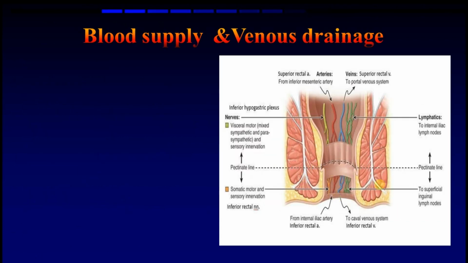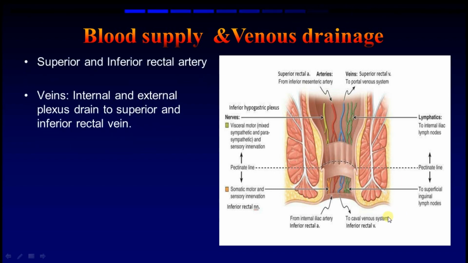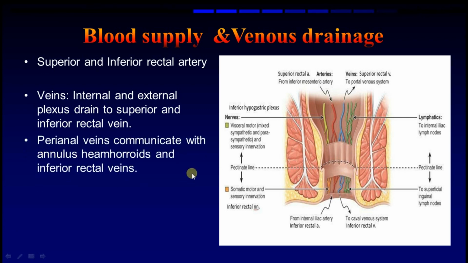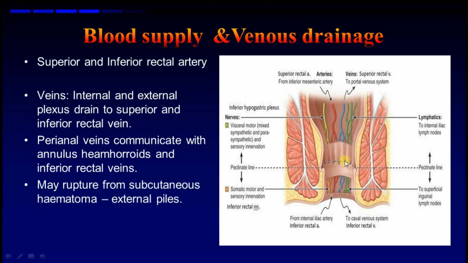Blood supply we have already discussed in the rectum. The upper part is supplied by the superior rectal artery, the lower part by the inferior rectal artery, and veins drain through two plexuses. The lower part, the external venous plexus, drains to the inferior rectal vein; the upper part goes to the superior, and the lower part into the inferior and middle rectal veins. The perianal veins in the lower part communicate with the annulus hemorrhoidalis and inferior rectal veins.